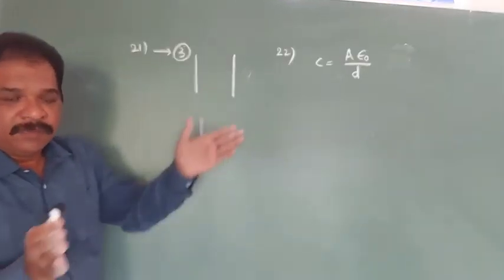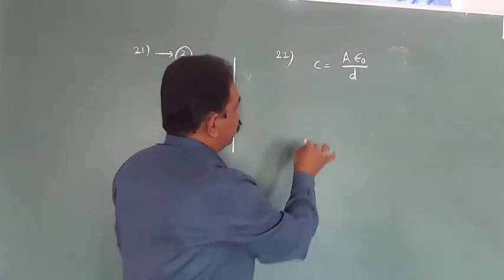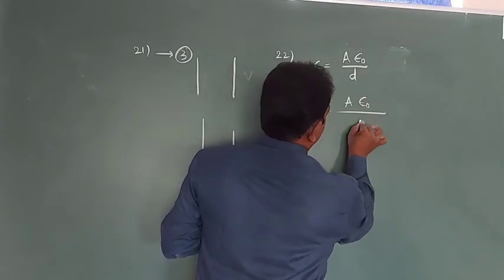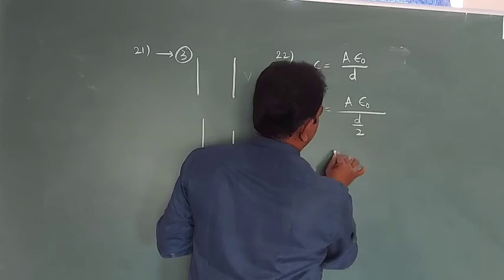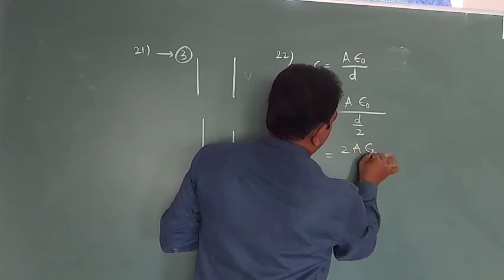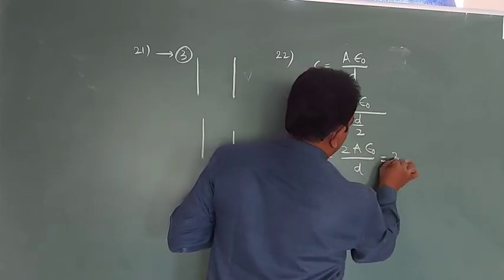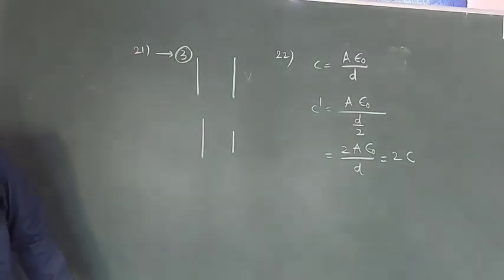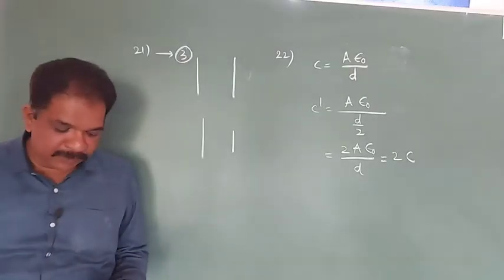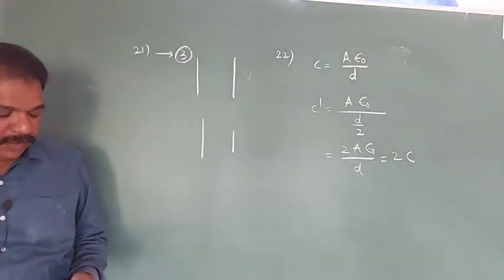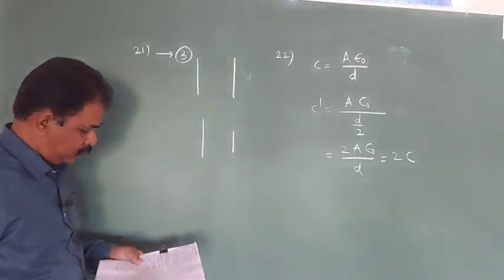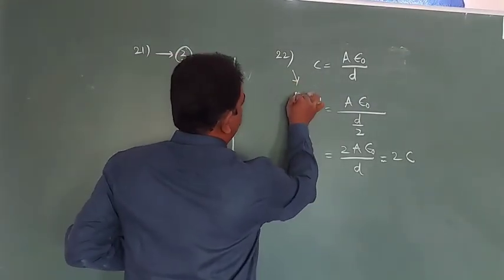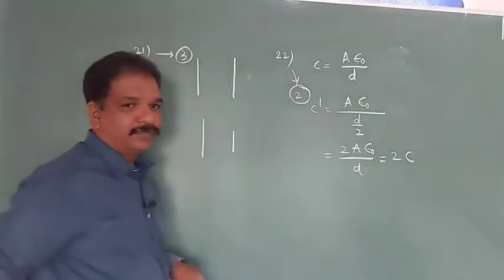Now the distance between the plates has halved. C dash is equal to A epsilon naught by D by 2, which is 2A epsilon naught by D, equal to 2C. So the capacity becomes double. For 22, it will be the second option.